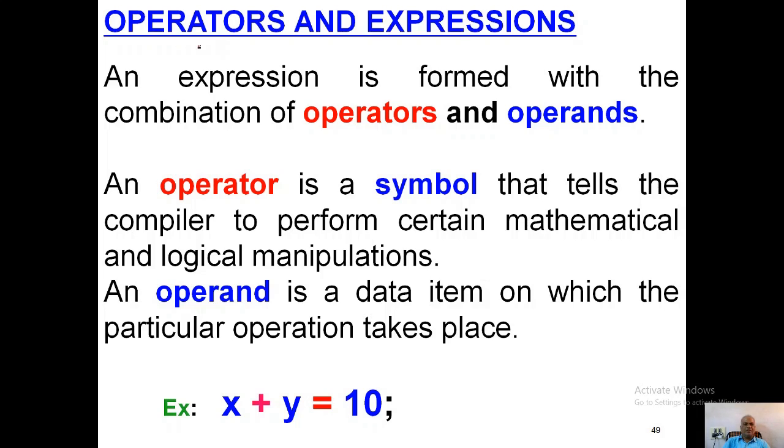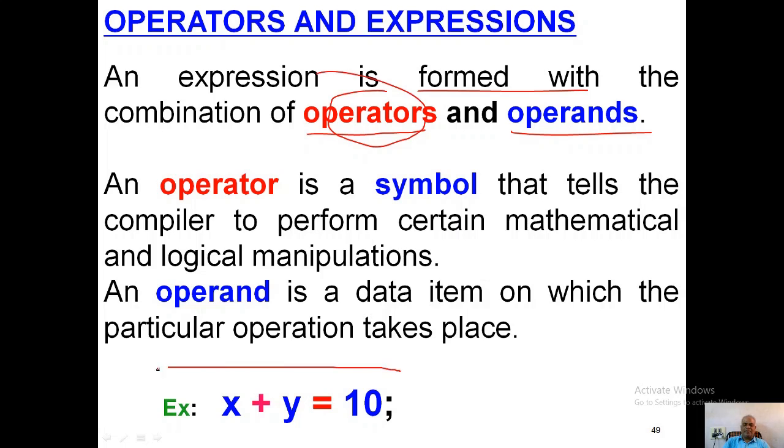So the question is operators and expressions. An expression is formed with the combination of operators and operands. I hope all of you know operators.